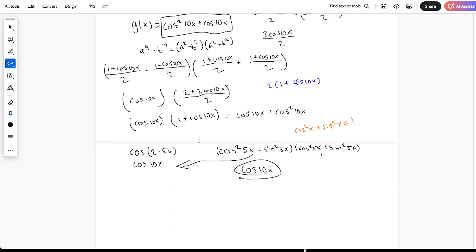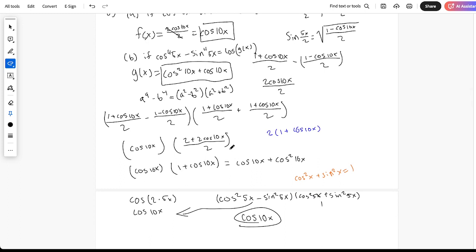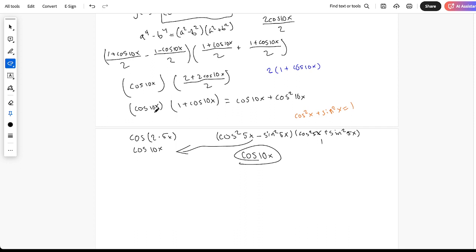Oh. Wait. Okay. Okay, well, I know. Okay. I feel like an idiot. So technically, this cosine of 10x equals the cosine of g of f, or function g, or whatever you want to call it.